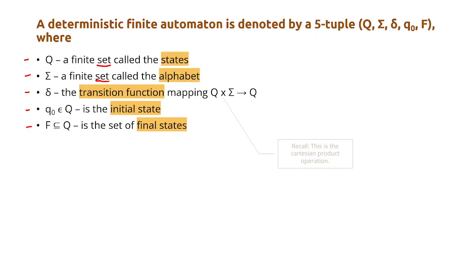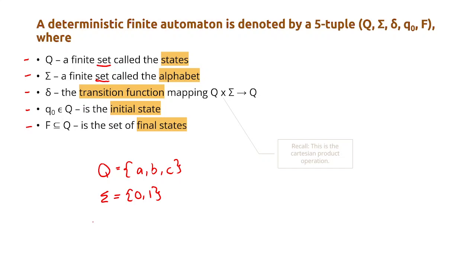So for example, let's just say nga ang atong Q is equal to A, B, and C. Okay? And then ang atong sigma is 0 and 1.